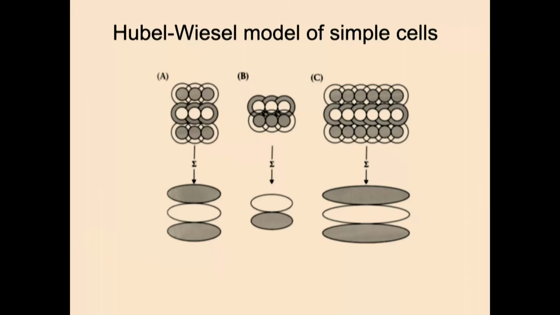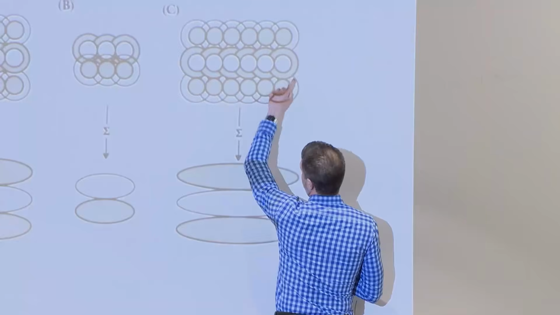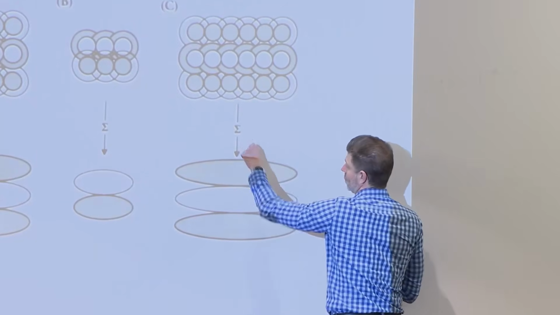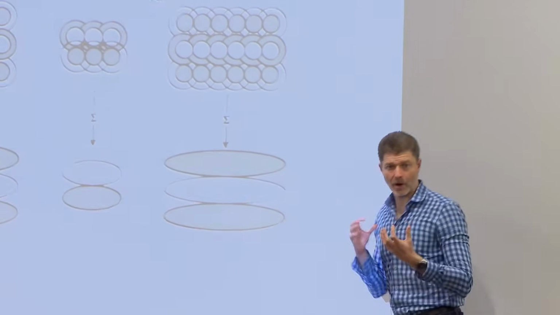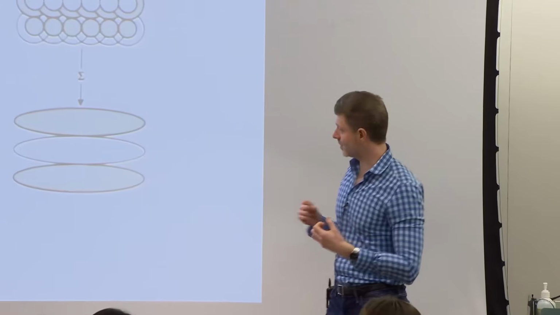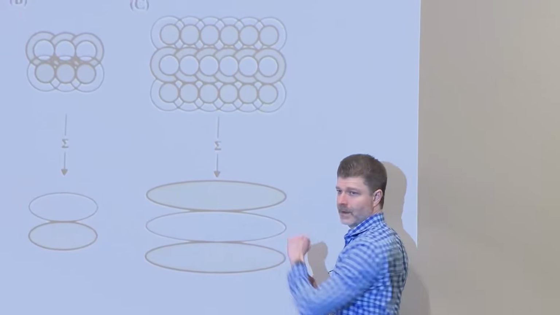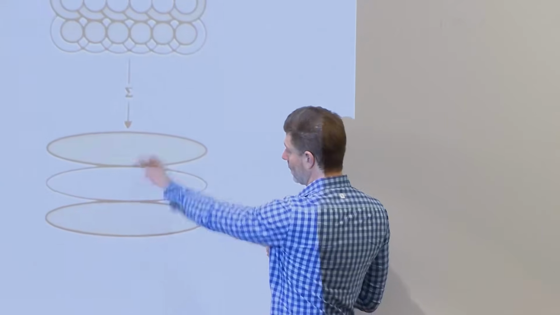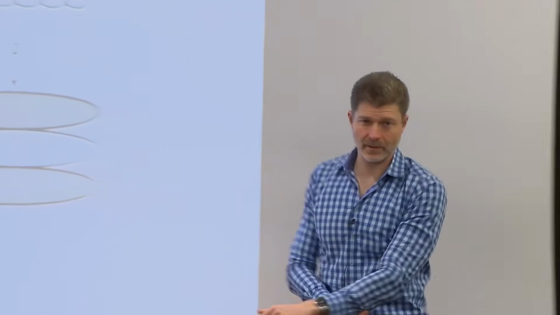Each one of these things corresponds to one neuron. If you took all of these and wired them up so that they would all provide input to the same neuron, you could think of the response of that neuron as being a sum of the responses of these neurons, and the receptive field would loosely be approximated by the sum of those receptive fields. All right, so that was their idea.